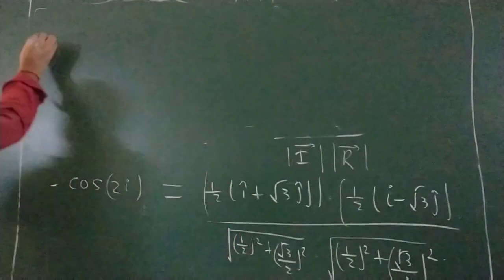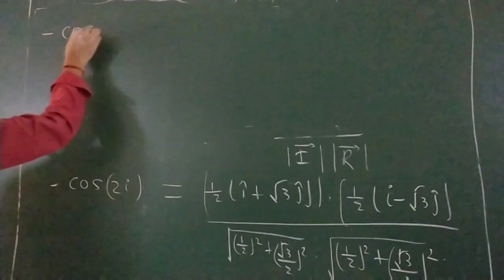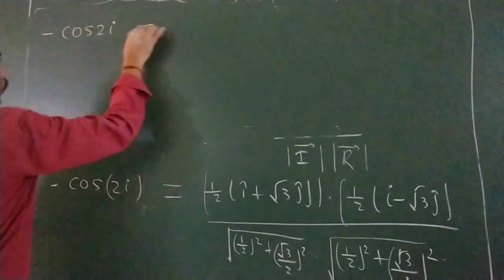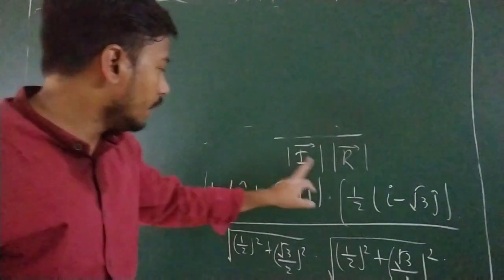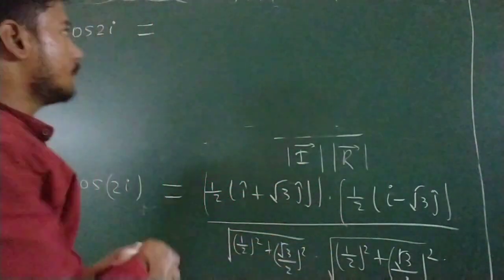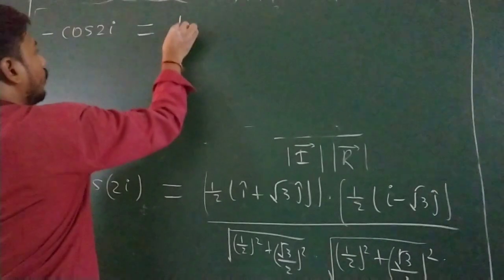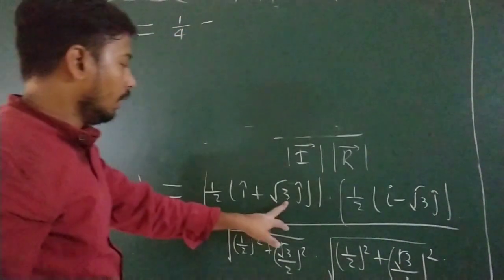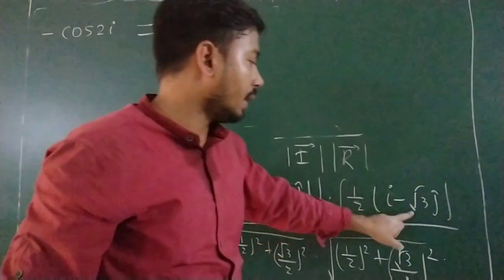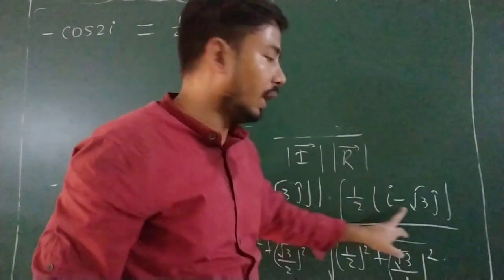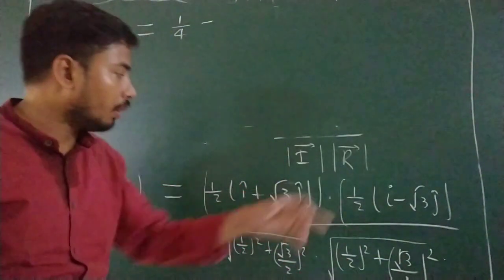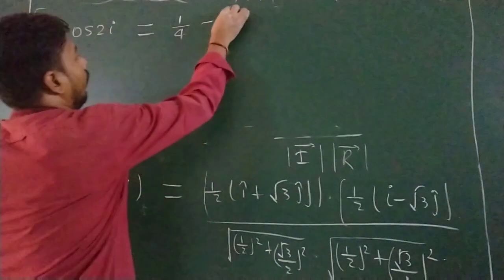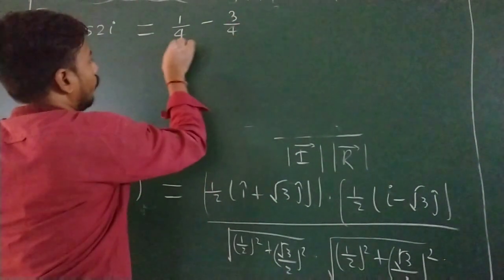So see all these things. It becomes minus cos 2i is equal to the dot product: 1 by 2 into 1 by 2 is 1 by 4, minus root 3 by 2 into root 3 by 2, which is minus 3 by 4.